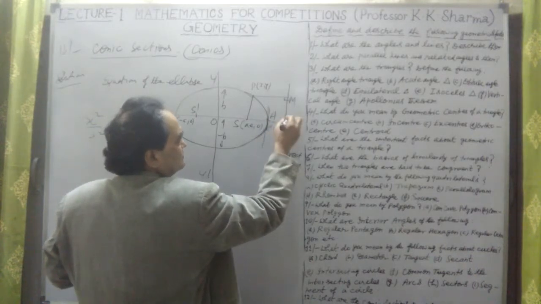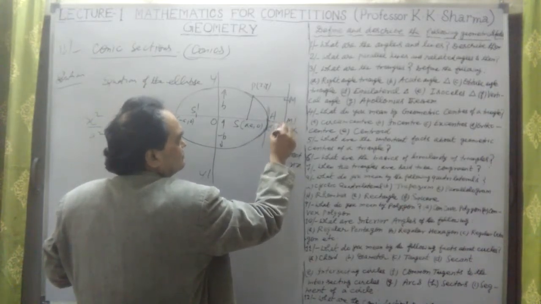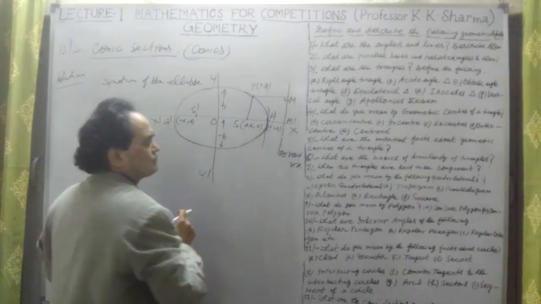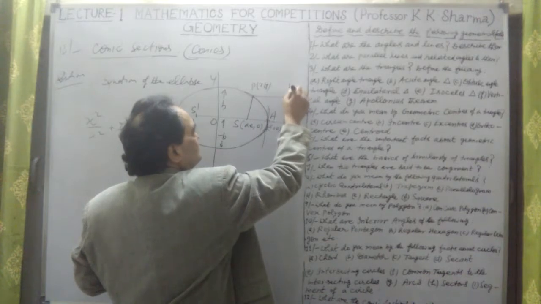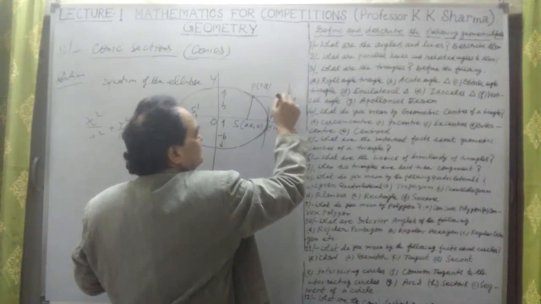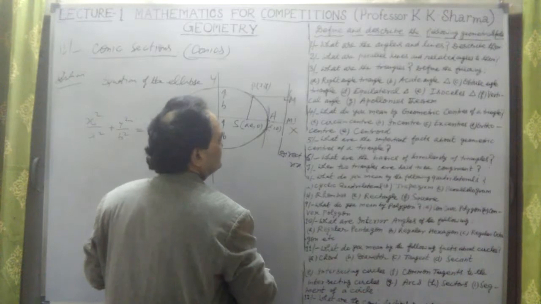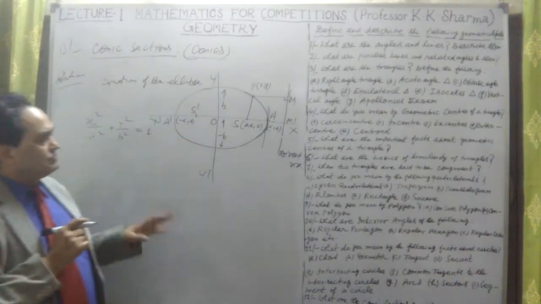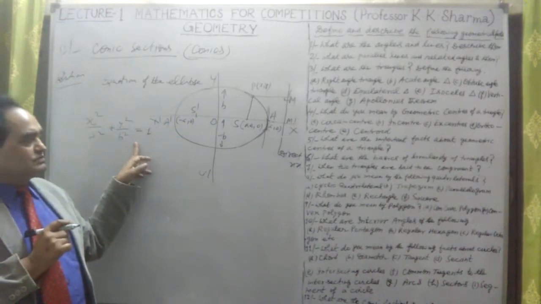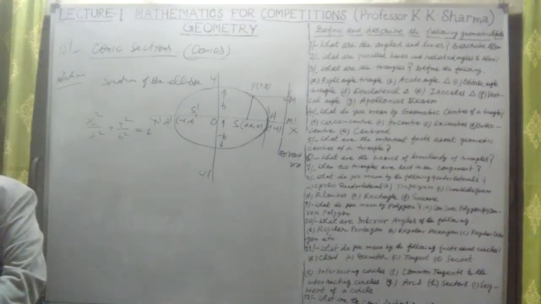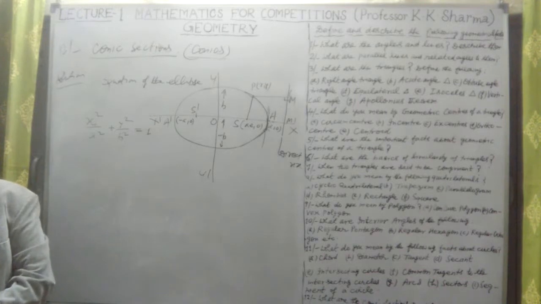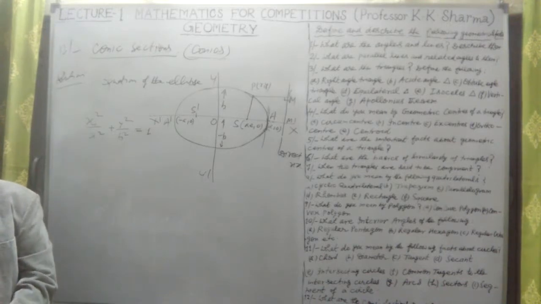From this, the distance is plus A. And this is the point x, y, where x will be A. So this total value is calculated and the equation of the ellipse is this. The detailed discussion we will take later on.